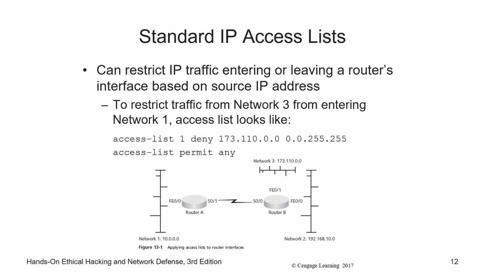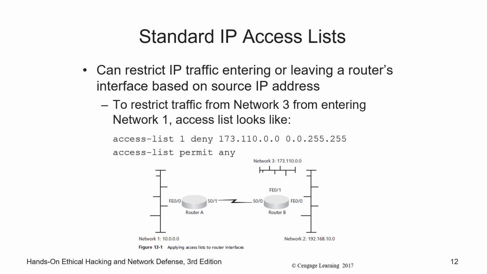So with standard IP access lists, this can restrict IP traffic that's entering or leaving a router's interface based on the source. So for instance, if we wanted to restrict traffic in the diagram from network 3 from entering network 1, you would have an access list where you define access lists and you deny the network 173.110.0.0 with basically any of the subnet configuration after that.